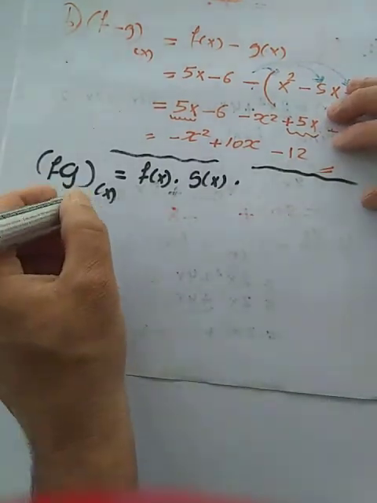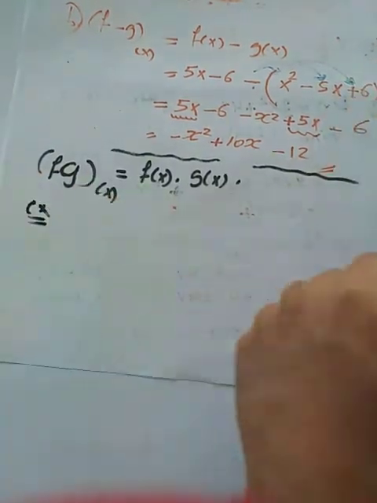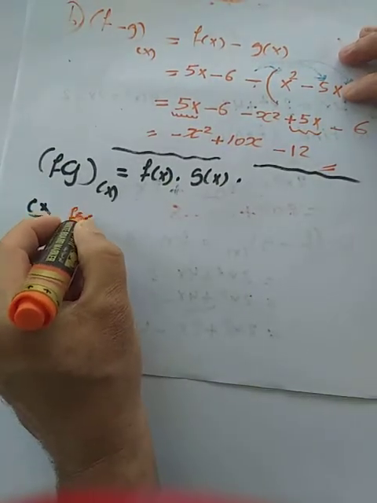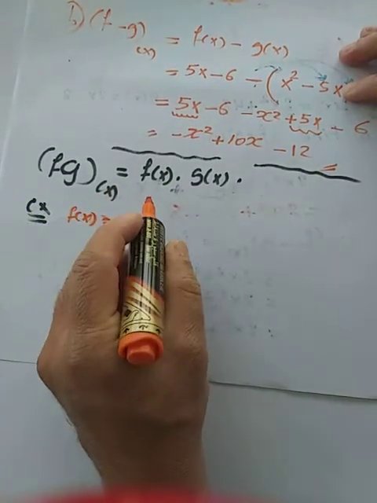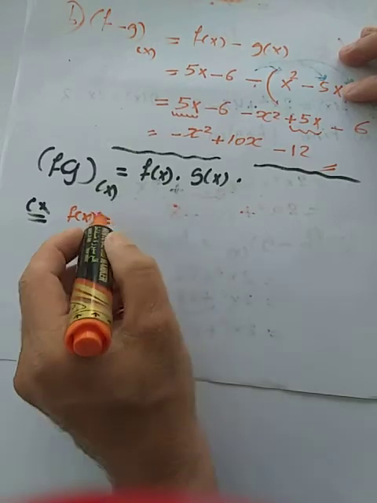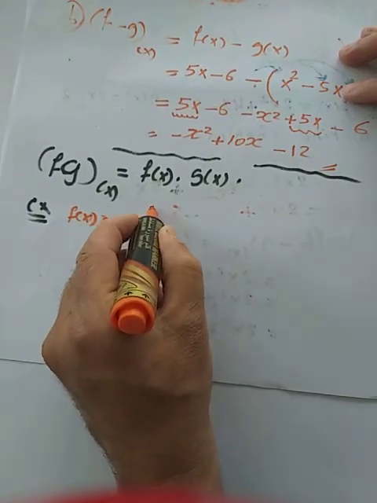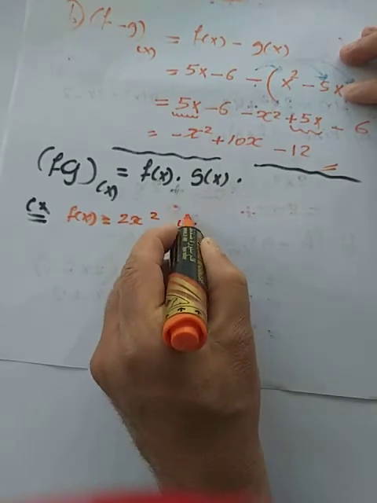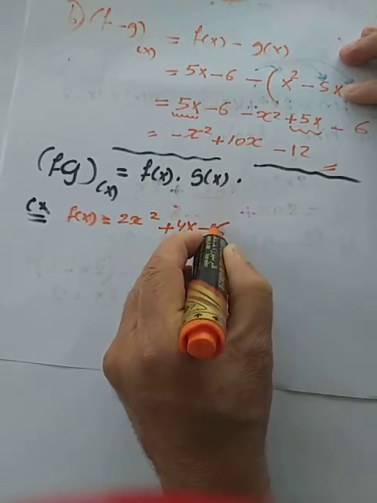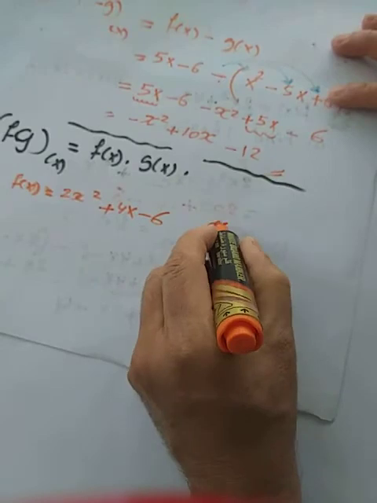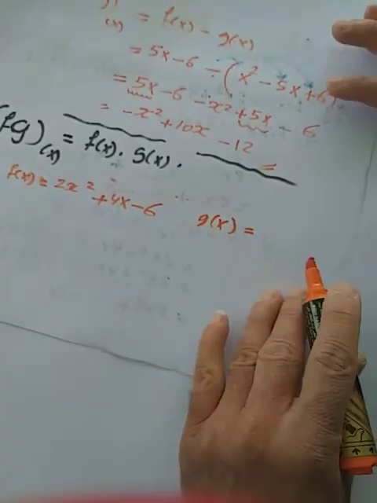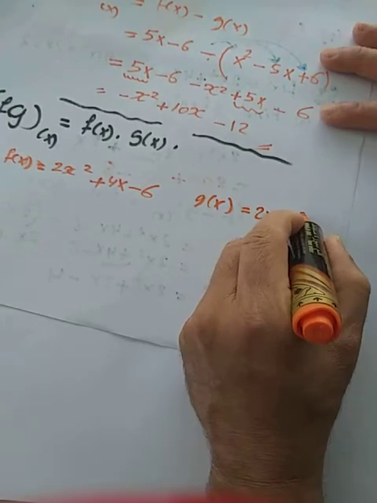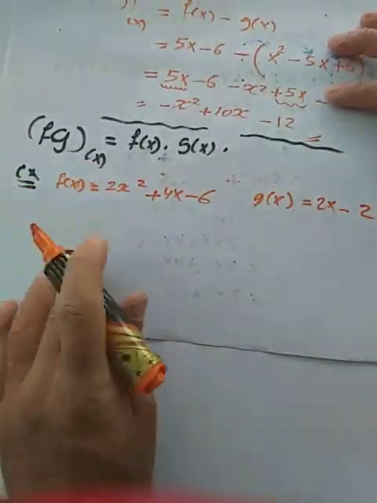Let we have f of x example. If f of x equal to 2x squared plus 4x minus 6 and g of x is 2x minus 2. Find multiplication.